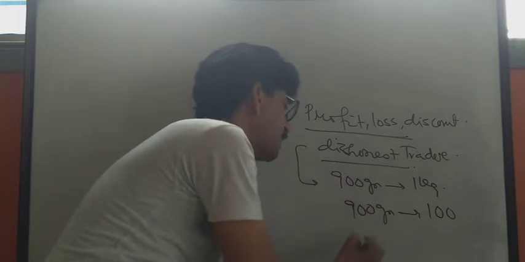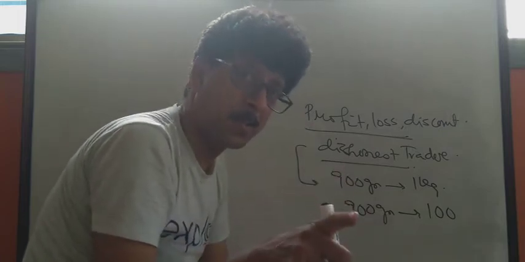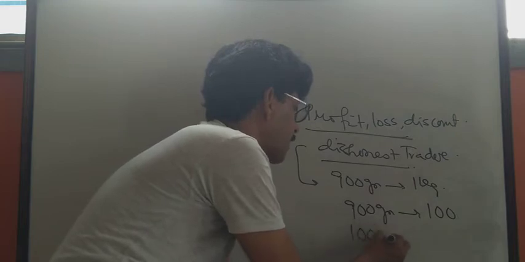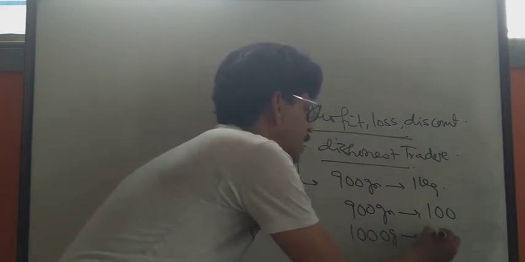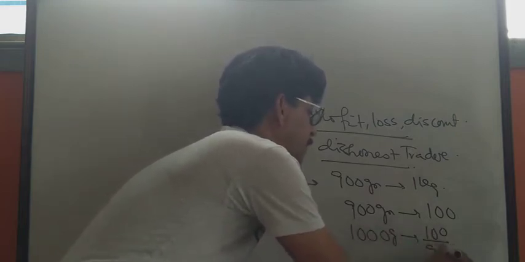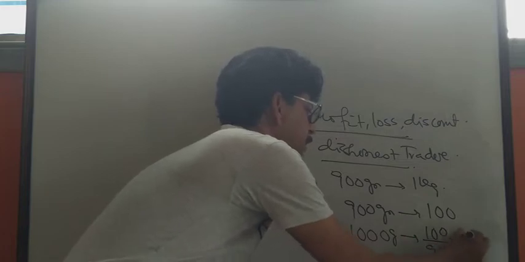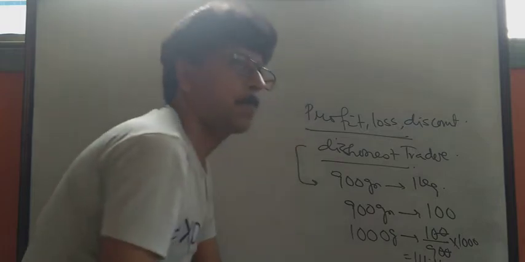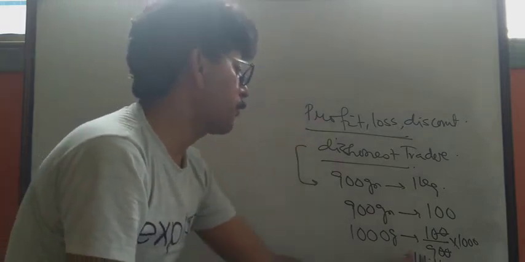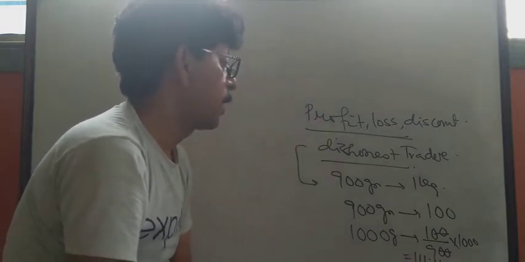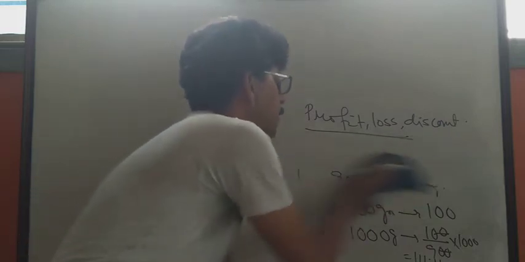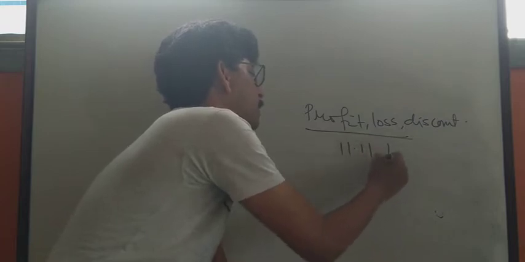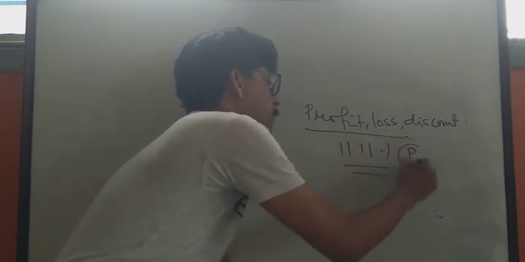So for the 1 kg that is purchased for 100 rupees, how much is he getting? He is getting for 1000 grams: 100 by 900 into 1000, which is equal to 111.11. Means he is making a profit of 11.11%.